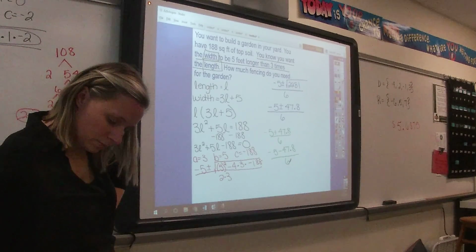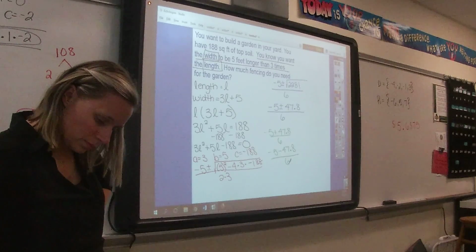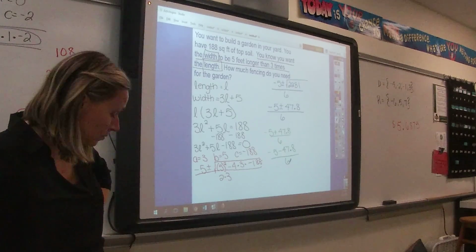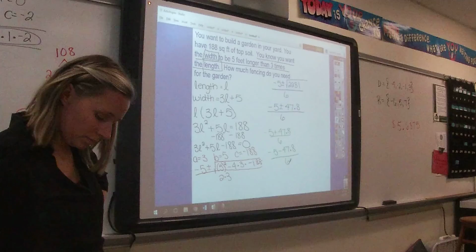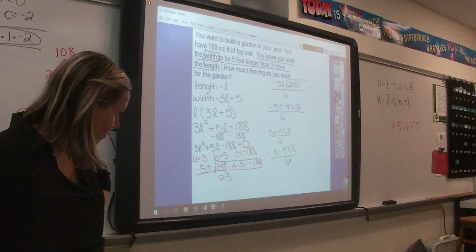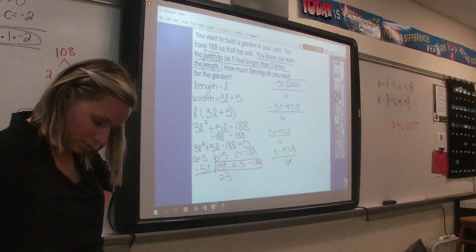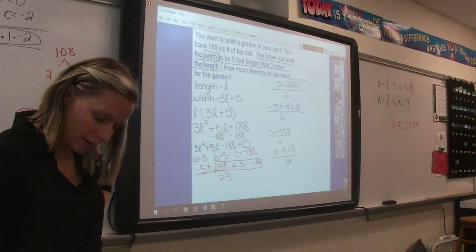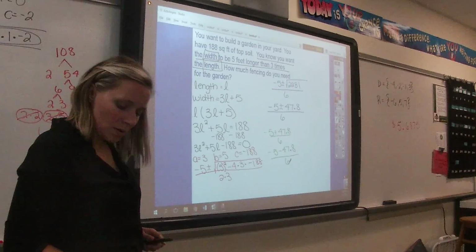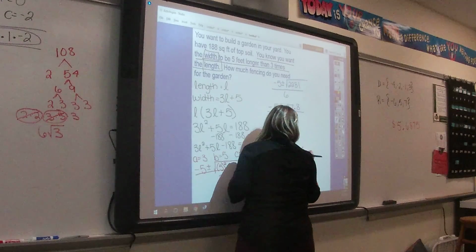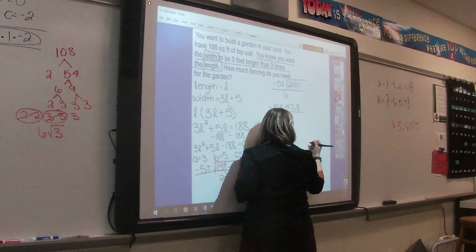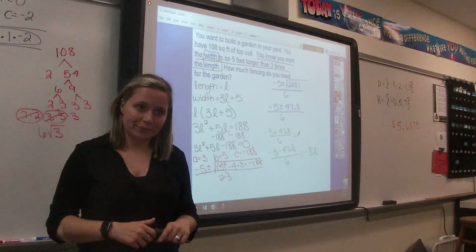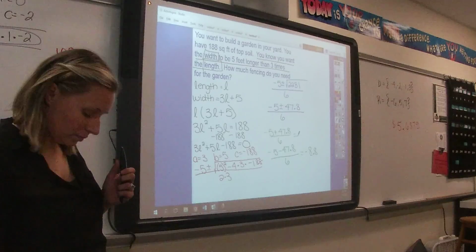Or no, that's a fraction now, 8 and 4 fifths. I'd rather do the fraction than that. I don't think I got the same one as you. Negative 5 minus 47.8, divided by 6. Wait, how'd you get that? Oh, never mind. I know.